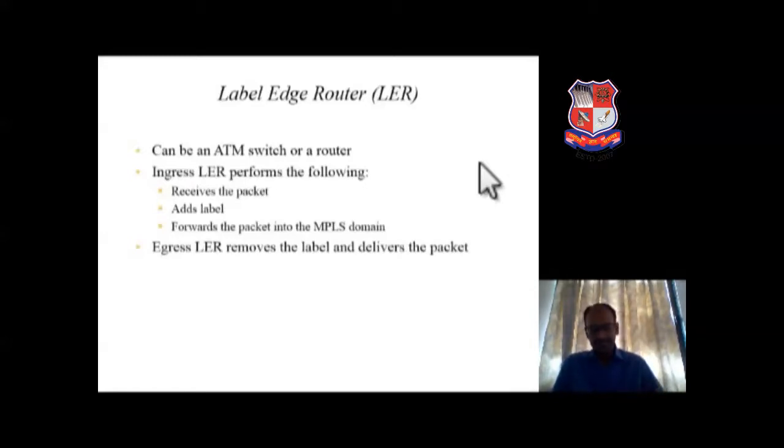So this is the ingress, the packet is coming into the MPLS domain. And the egress LER, that is the egress label edge router, does the reverse task: it simply removes the label and delivers the packet to the router which is outside of the MPLS domain. Shortly you will get the idea of this.